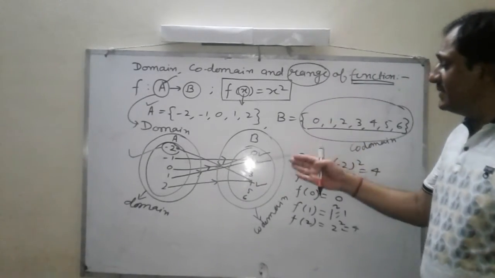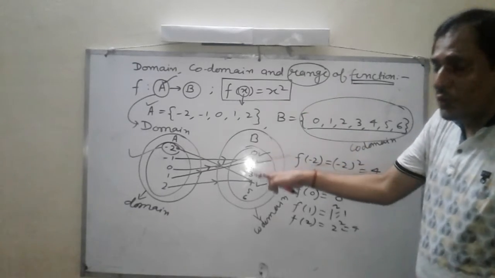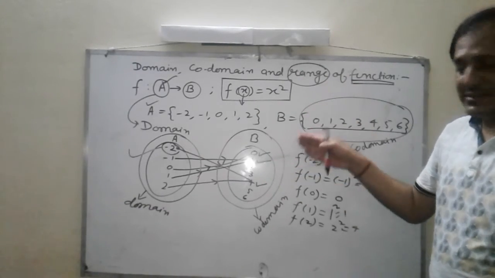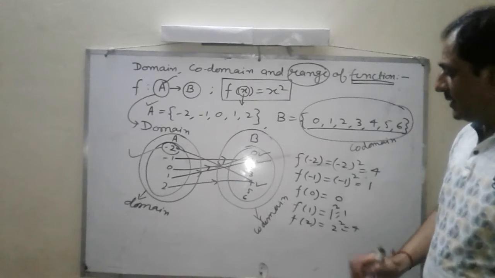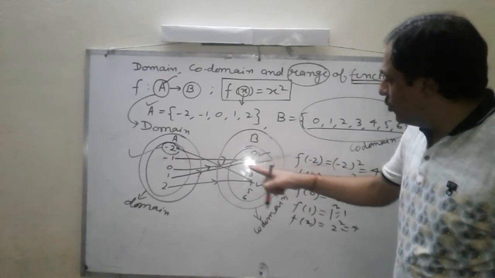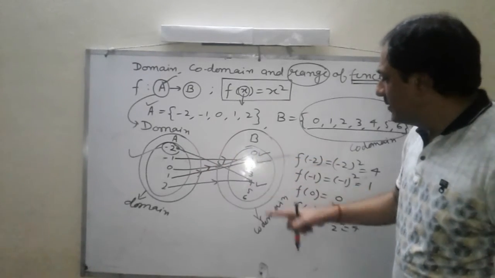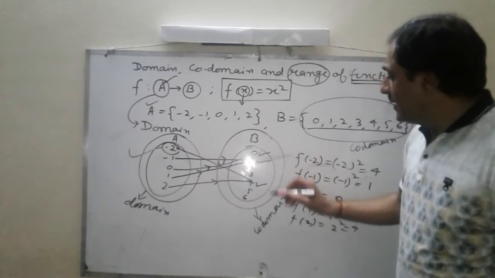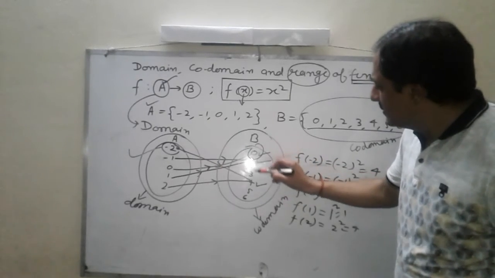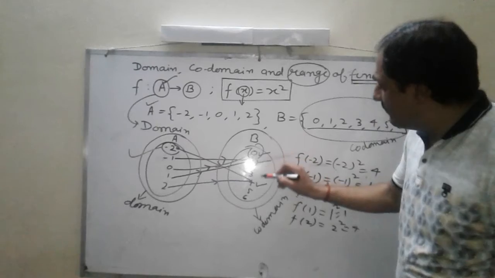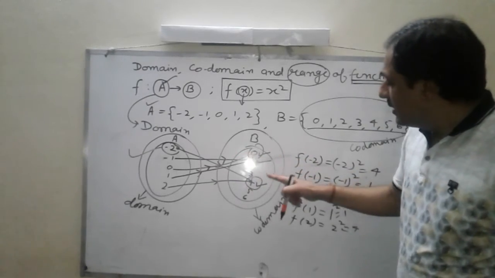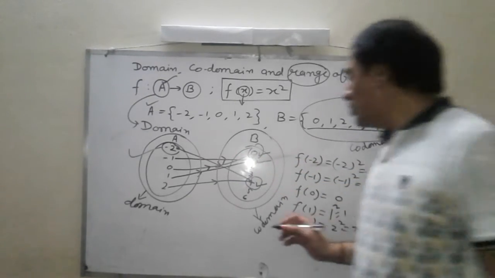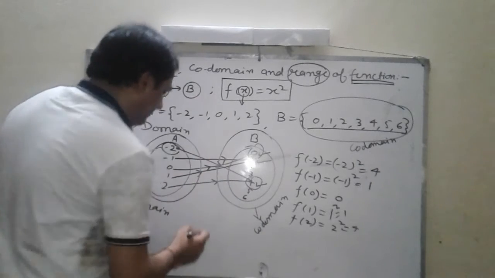Range is a subset of codomain. Here 0 is the image of 0, 1 is the image of minus 1 and 1, 4 is the image of minus 2 and 2. The set of each and every image is called the range. So what will be the range of this function?